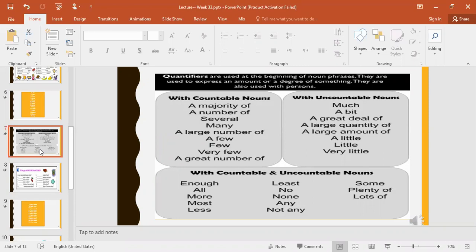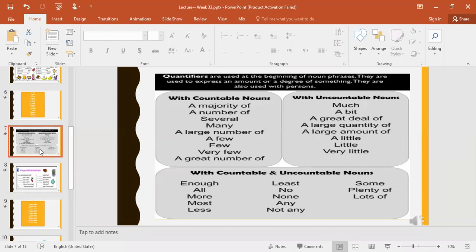Do I know the number of the large quantity? Do I know the exact amount? No, this is uncountable. That's why I'm using a large quantity or a large amount or a little or very little and so on.